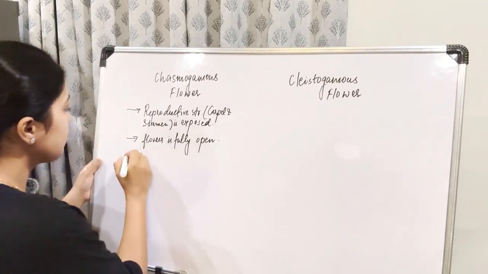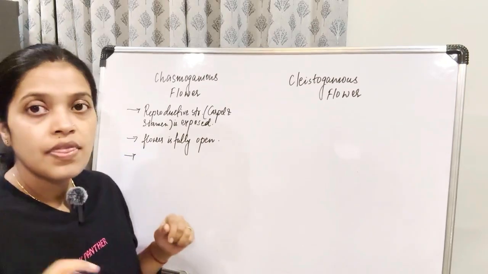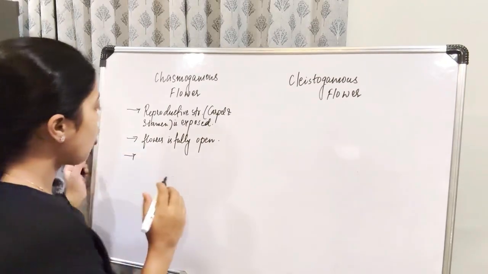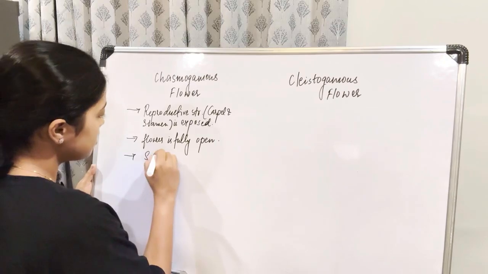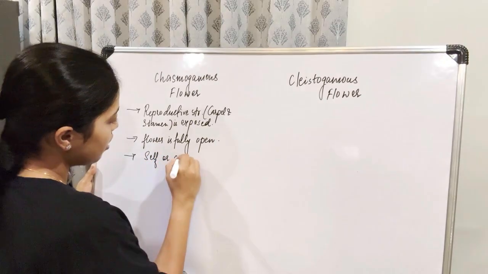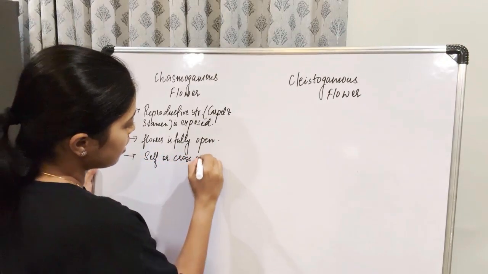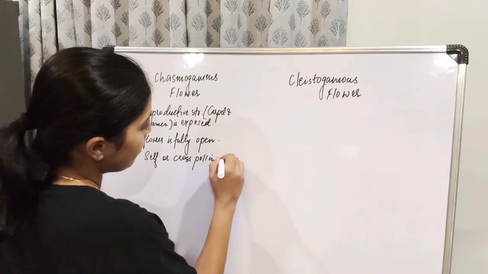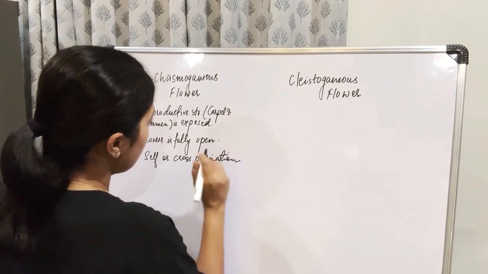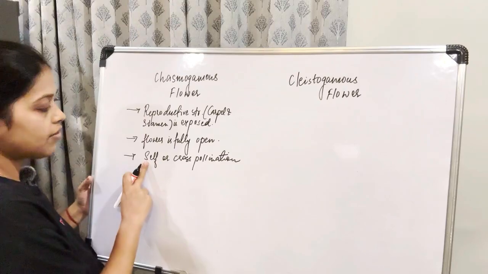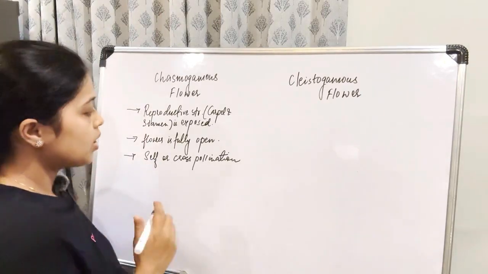So here there is a chance that it can opt for either self or cross pollination. Both the chances are possible, whether it can have either self or cross pollination.